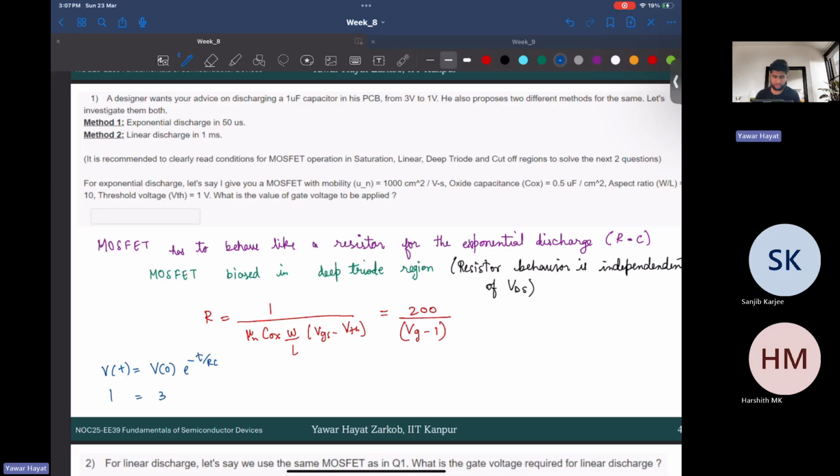So this will be 1 equals 3 times exponential of minus t by RC. Now, from this, you can simplify it, and what will be R?